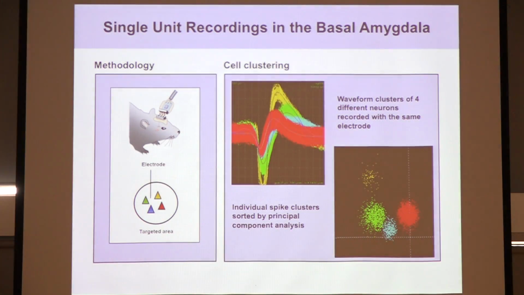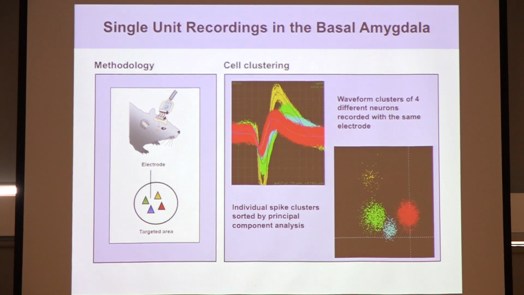The principle is quite simple. You put an electrode in the region of interest, in this case the basal amygdala. You position the electrode near some neurons, and you pick up the extracellular activity of those neurons, that is, action potentials. On this representation, there is a color code for the cells, and you have superimposed several action potentials that correspond to a single cell.